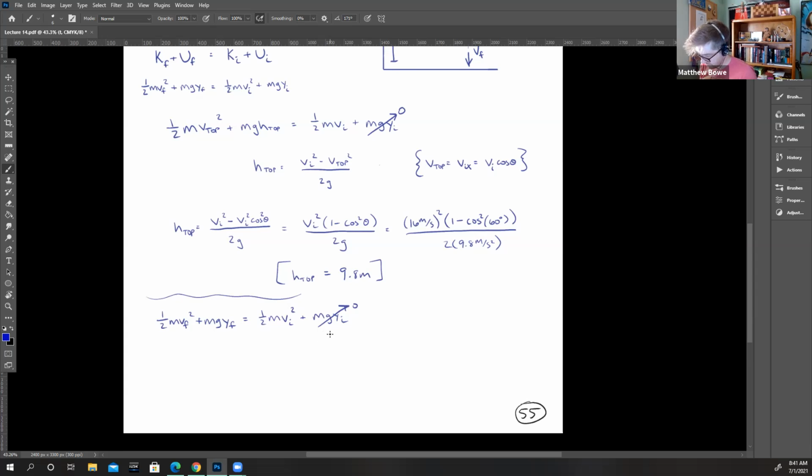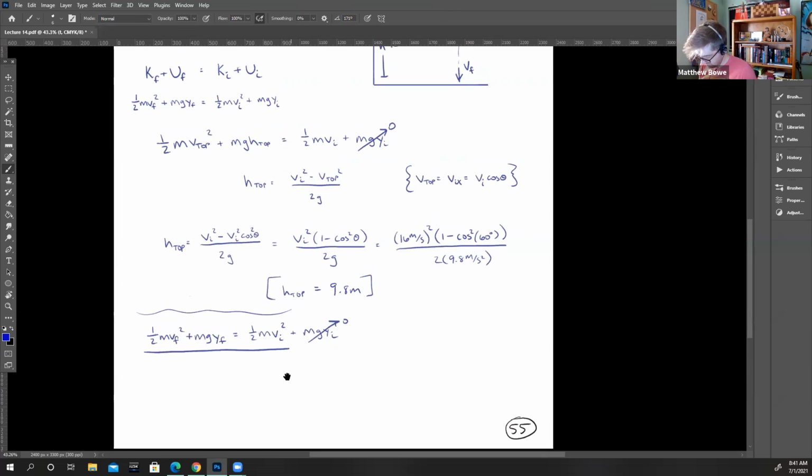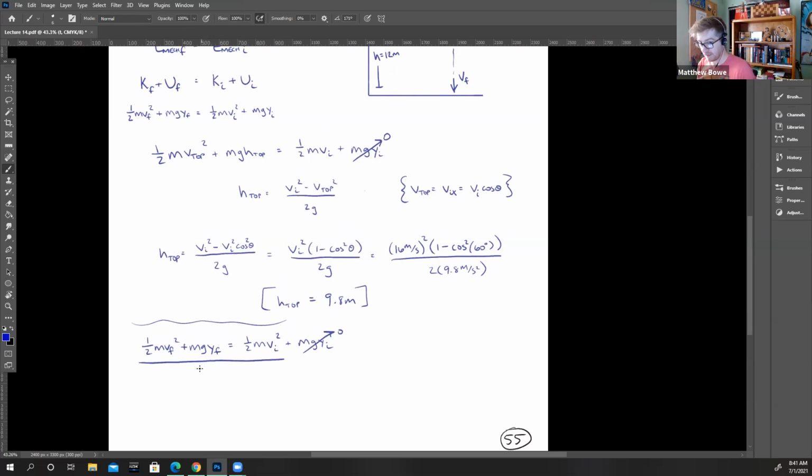And we're left with just all of this. And we know its final height, that's just going to be 12 meters down. So that's just a negative 12 meters. We know the mass of the ball, we know gravity, we know its initial velocity that we've given it. So we know everything in this thing that I've underlined right here. I can just solve directly for the final velocity.